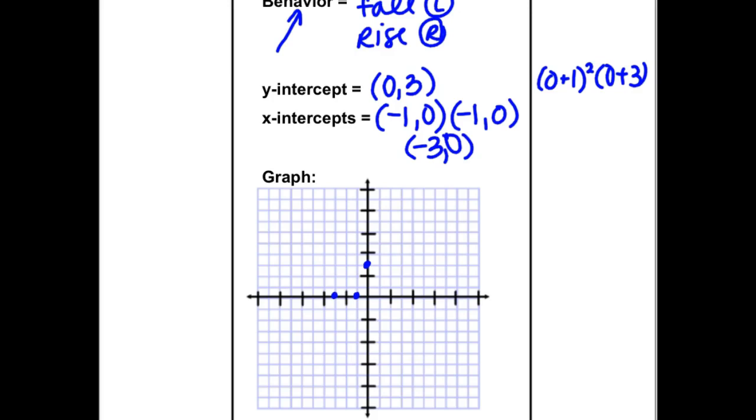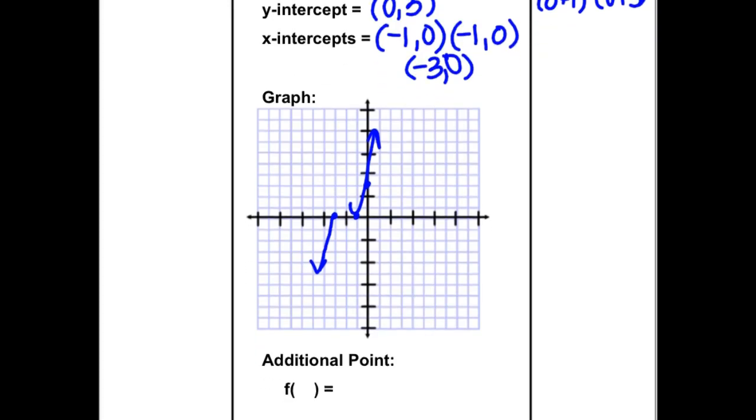We know that it trends upwards, so we go here. We know that it bounces at negative 1, so we're going to draw the bounce. We don't know how high it goes in between negative 1 and negative 3, so we're going to find f of negative 2. If I do that, I get negative 2 plus 1 squared times negative 2 plus 3.